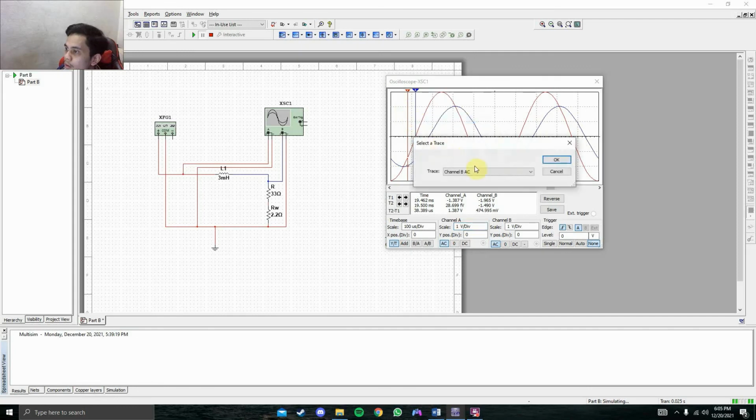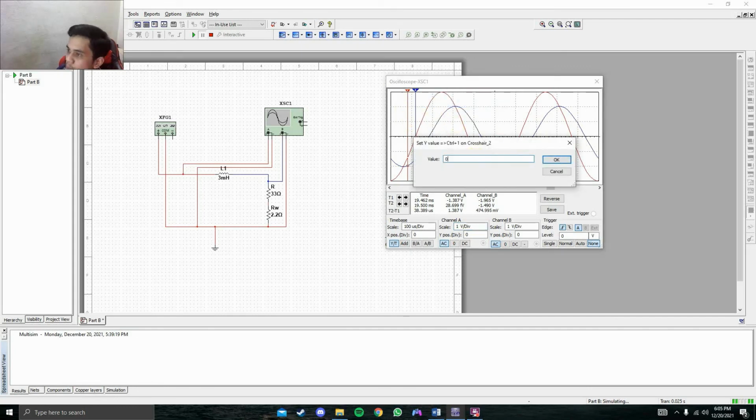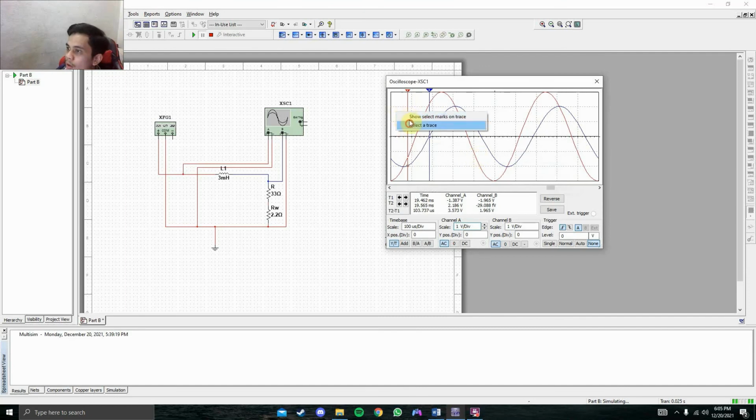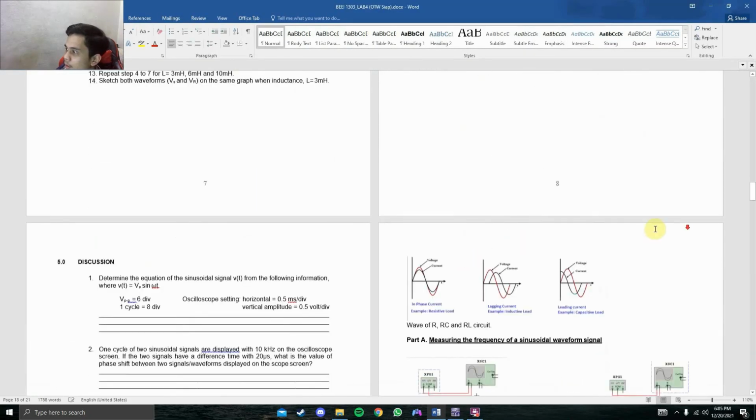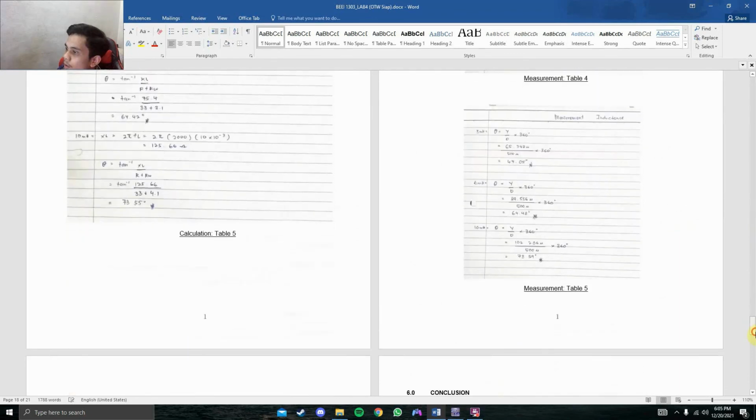Wrong again. Channel B, AC, set Y value to 0. Okay, and then select trace channel A AC, set Y value to 0. Okay, we get the same value for Y in the measurement here.